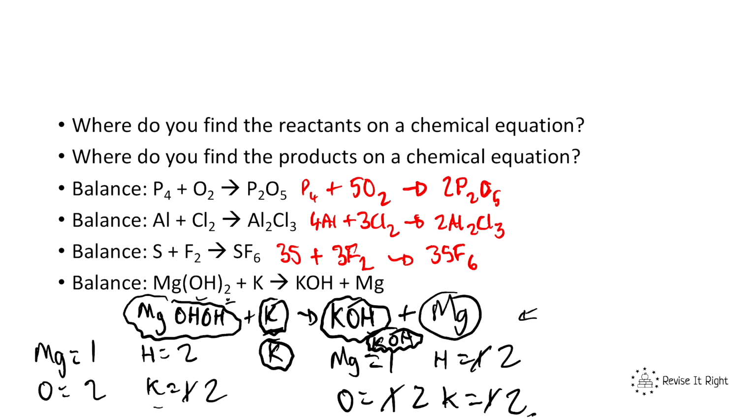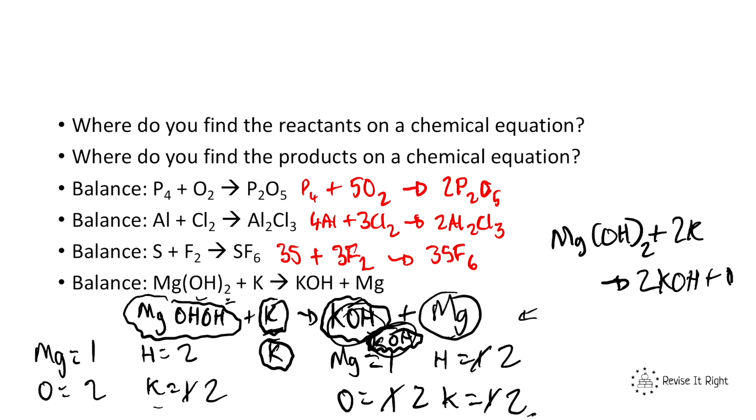So what you should have got, therefore, as your answer is Mg(OH)2 plus 2 lots of K. Now these should be on the same line, but I've run out of room, so 2 KOH, plus we've not changed the Mg, so 1 Mg. So Mg brackets OH close brackets 2 plus 2K goes to 2KOH plus Mg, and that is your balanced equation.